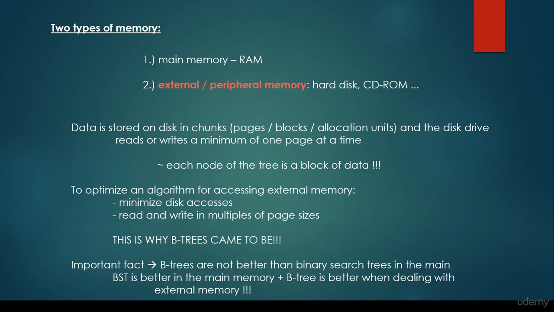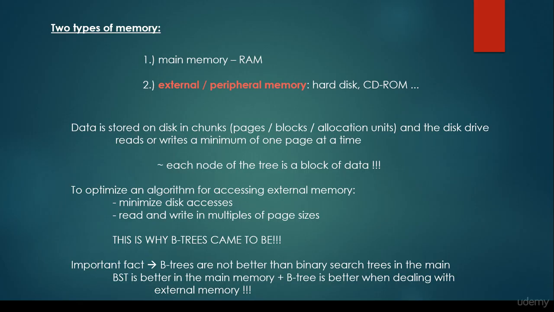And the second reason is that data is stored on disk in chunks or pages, blocks or allocation units, whatever we call it, and the disk drive reads or writes a minimum of one page at a time. And it's very important that each node of the B-tree is a block of data.